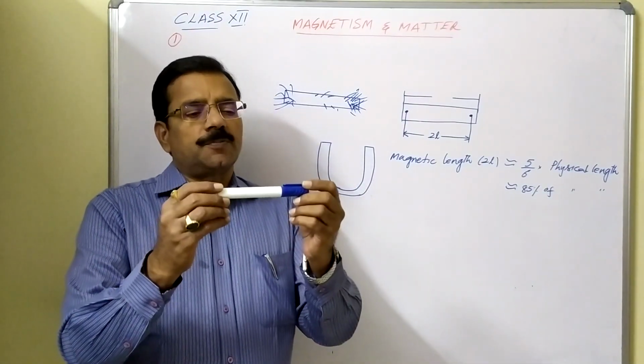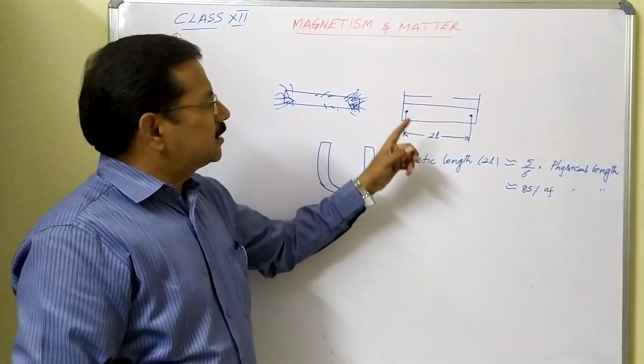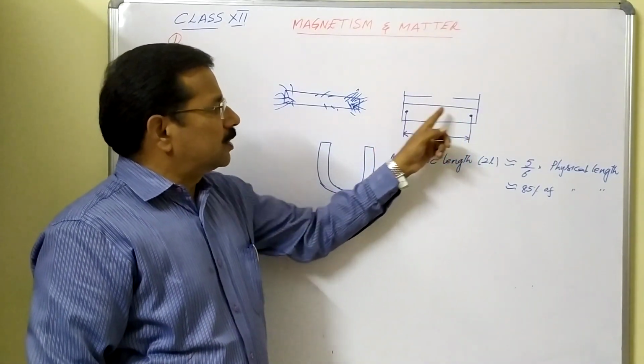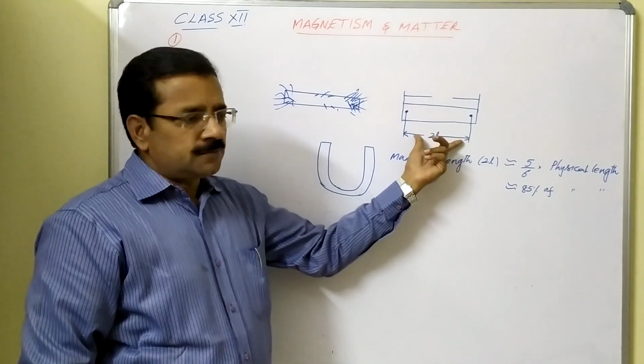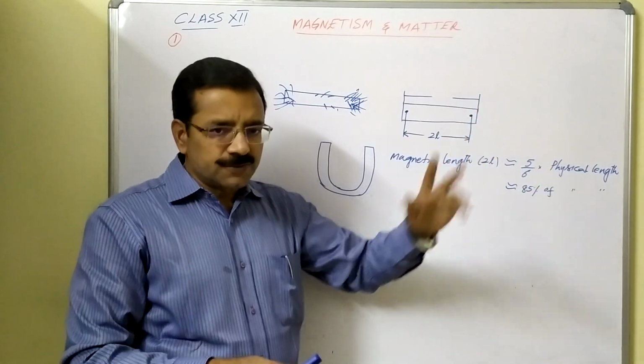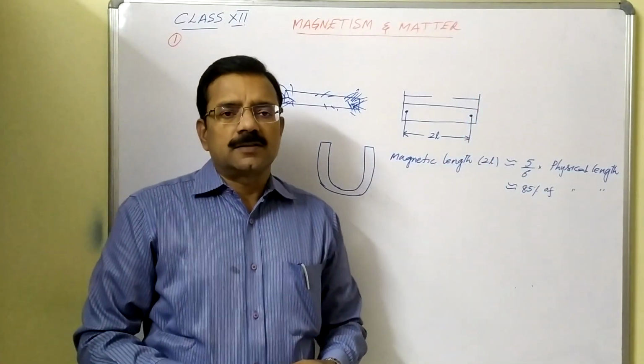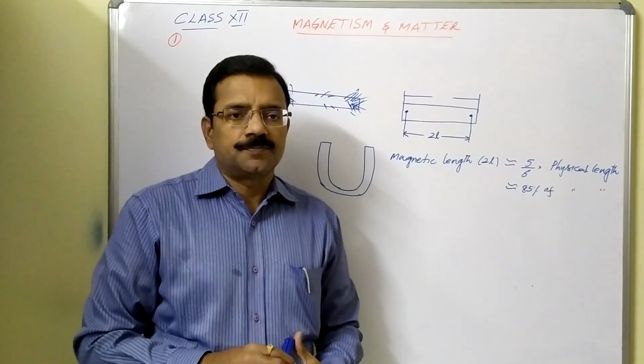These two imaginary points are called magnetic poles. The distance between these two poles is known as magnetic length, which is nearly 5/6 or 85% of the physical length. And another property is the directive property.